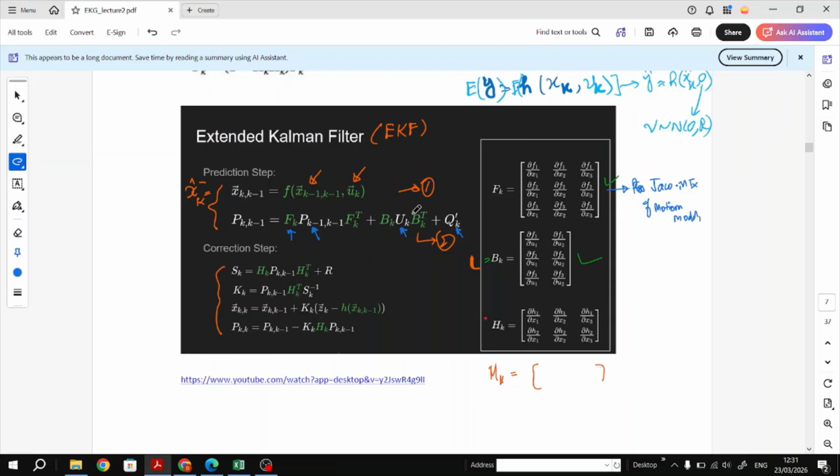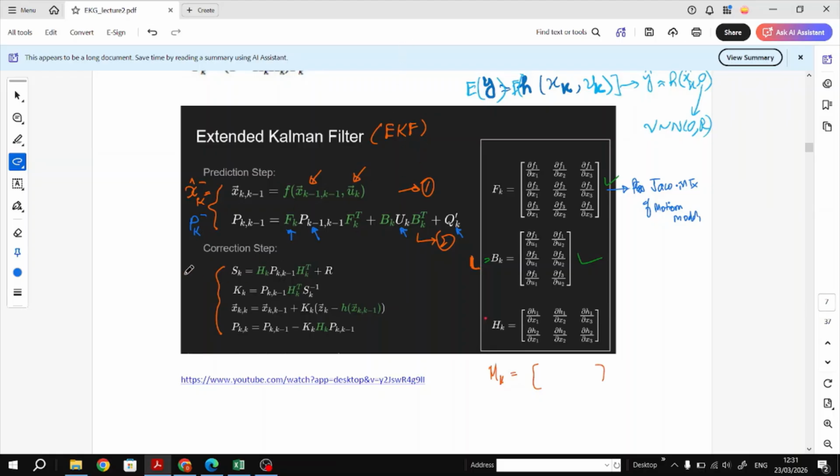This is F. So you calculate the Jacobian matrix of the motion model at the predicted state, and you calculate this one. You can write this in the previous notation, like EK minus, the predicted error covariance matrix.